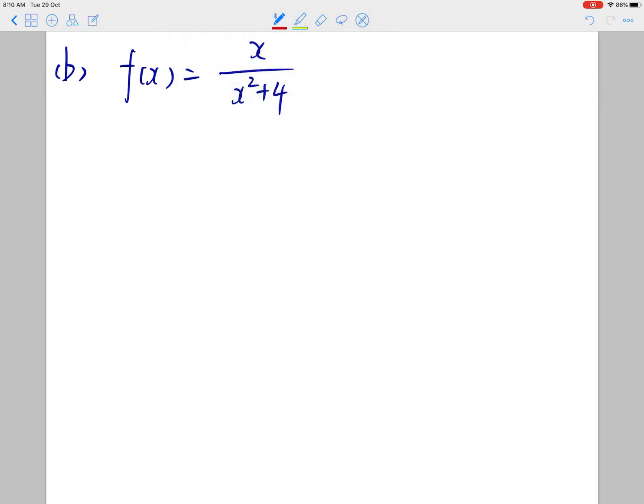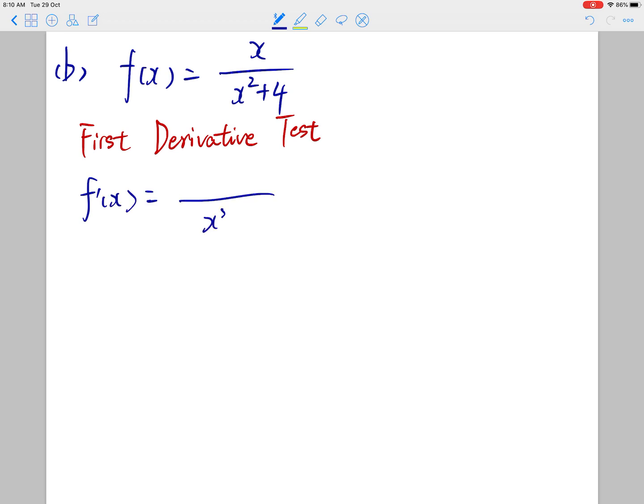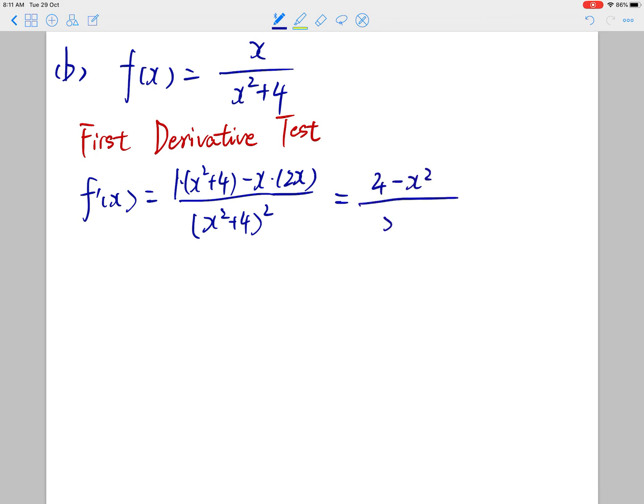So now I'm going to use the first derivative test. For the first derivative test, I still have to figure out when the derivative is 0, right? So what's this derivative? It's a quotient rule. It's going to be 4 minus x squared over (x squared plus 4) squared.